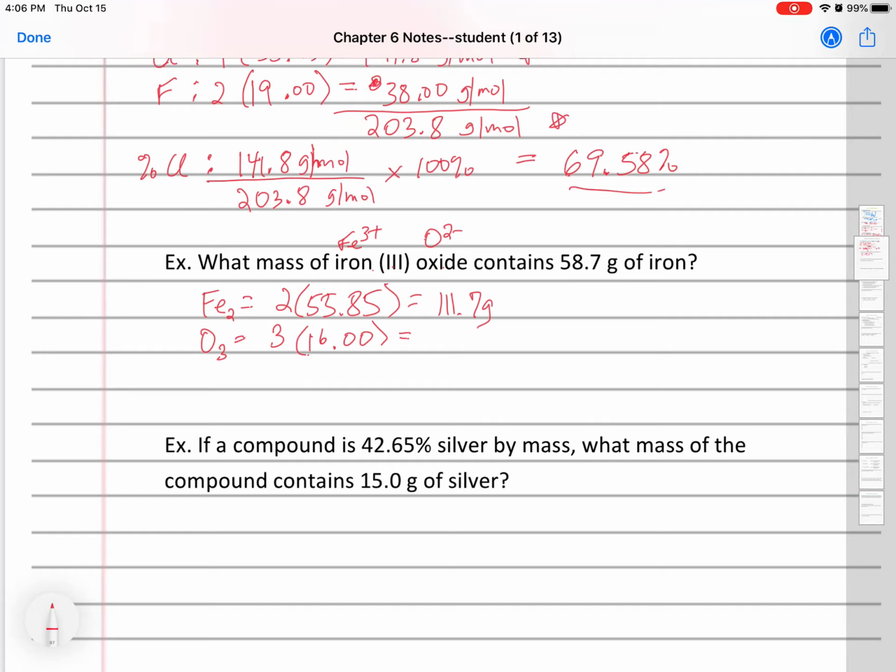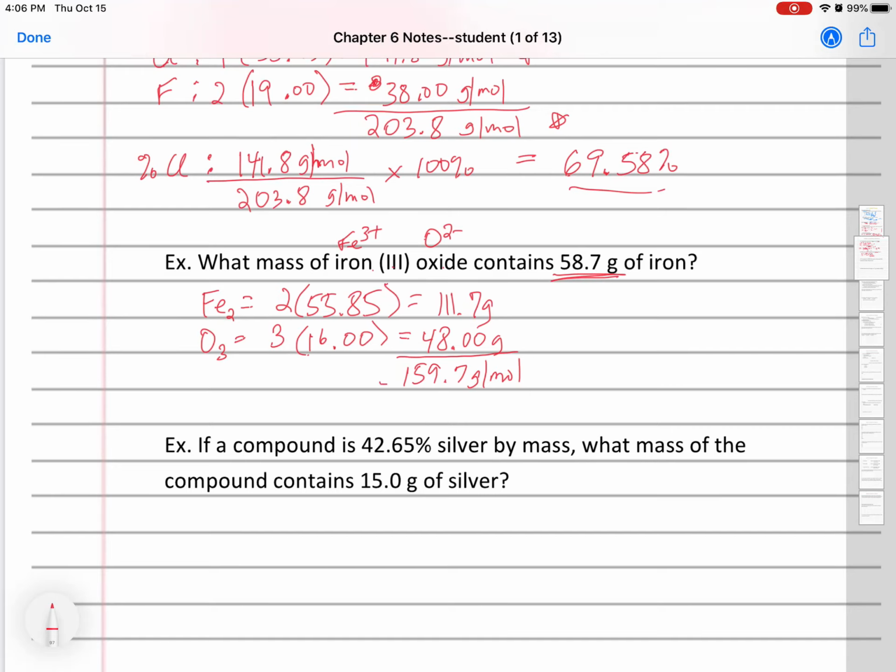And the oxygen's total mass is 48.00 grams. So the total mass of 1 mole of iron oxide is 159.7 grams per mole. So we want to know what mass of iron oxide contains 58.7 grams.